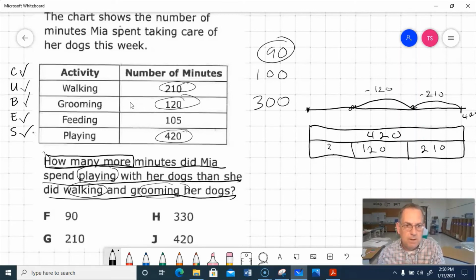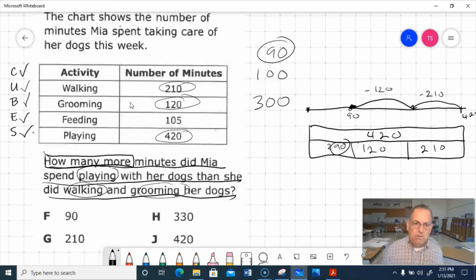That would put me at the point that tells how many more minutes she spent playing with her dog, which was 90. And this part right in here would be 90. And we already did that using our mental math. But we'll go ahead and still go through and do a computation.